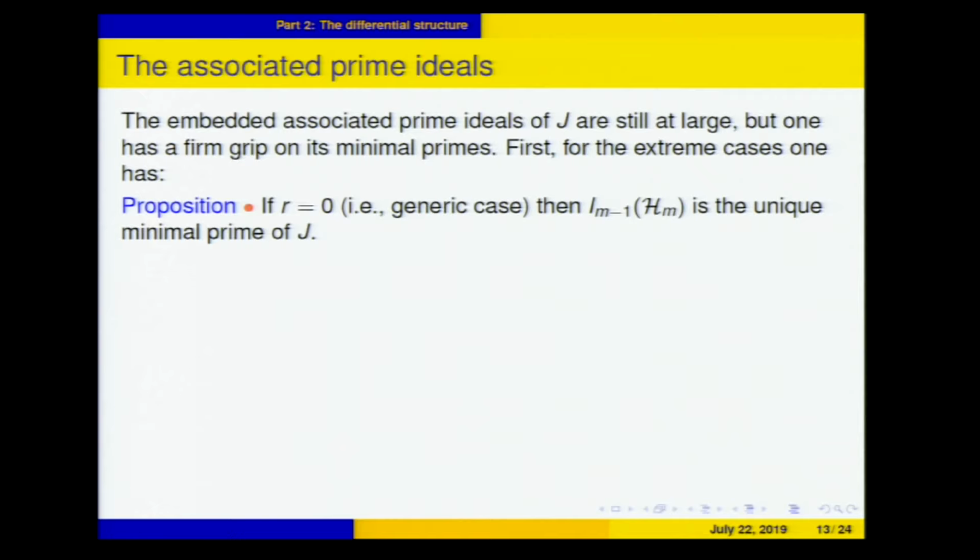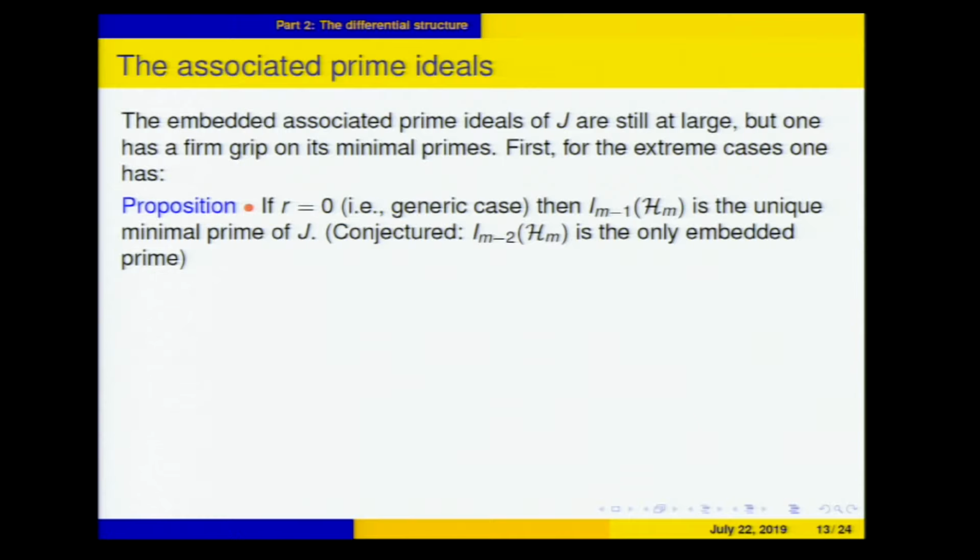So if R equals 0, this is the generic case, then the submaximal minor is the unique minimal prime of J. Remember, J was this gradient ideal. And remember that the partial derivatives of J are cofactors, but there are many cofactors which are not partial derivatives.